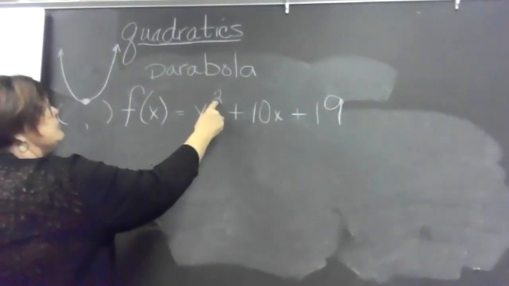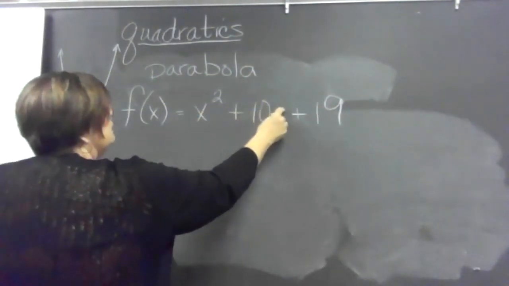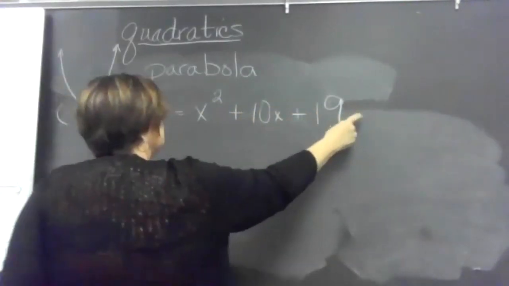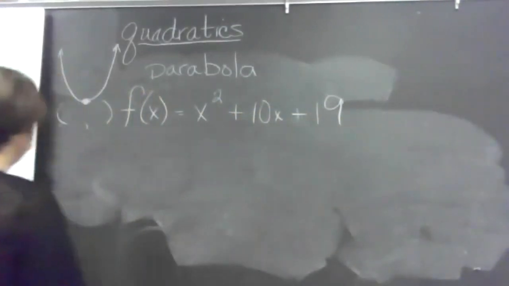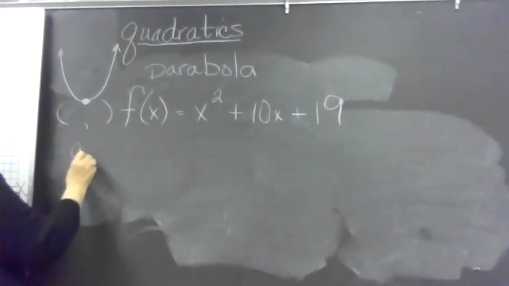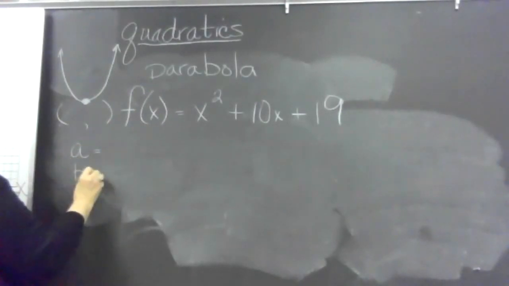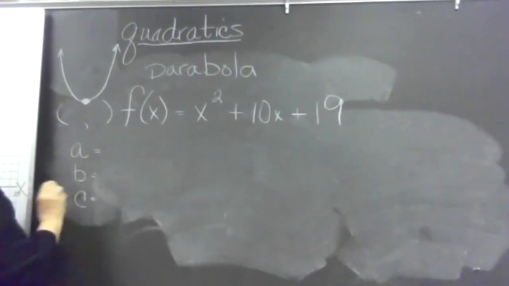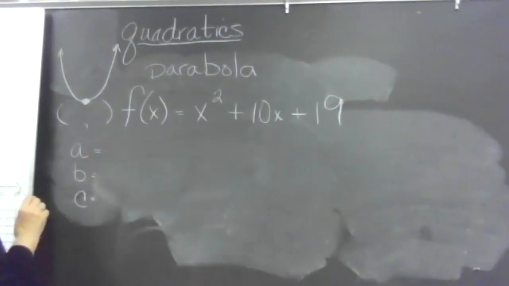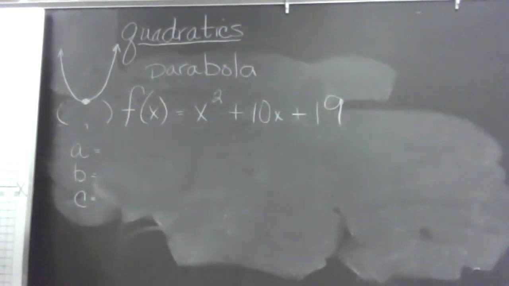Here's the exponent 2, then 1, and then 0. So it is in order. Let's find your ABCs out of this equation. Now, what is the A, guys?